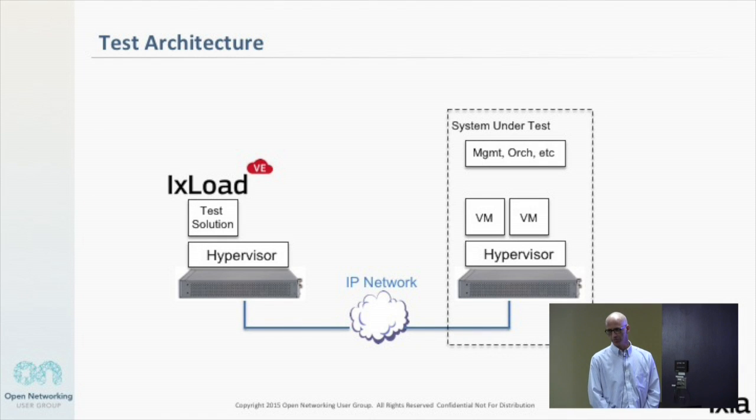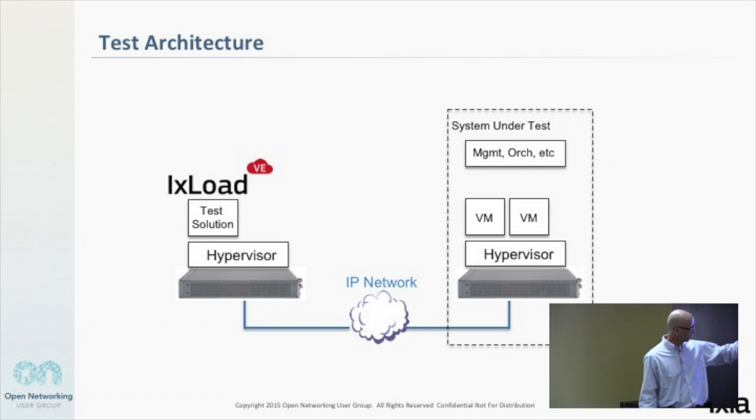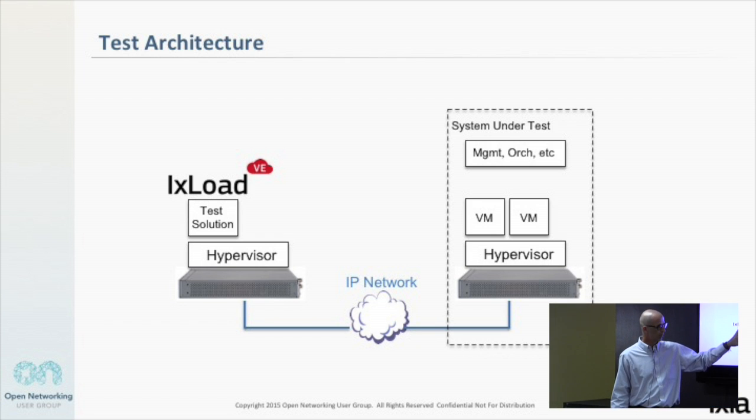The test architecture used for most of these tests was illustrated here. Basically, it was a virtualized system with possibly switches underneath, an external IP network with possibly the presence of physical network devices here outside of this ecosphere, with virtualized services as well.